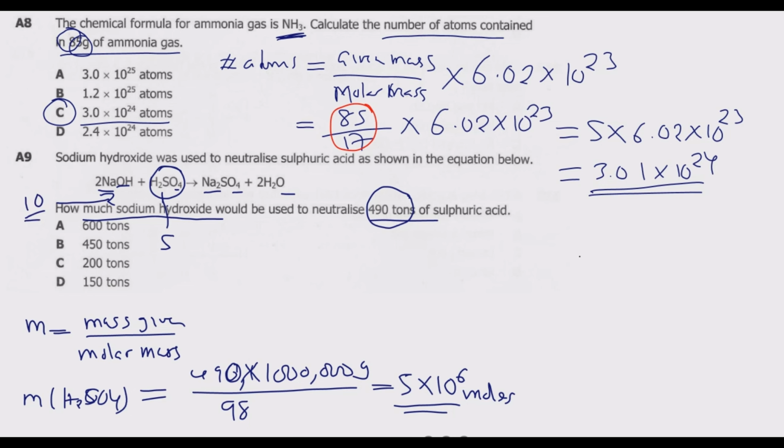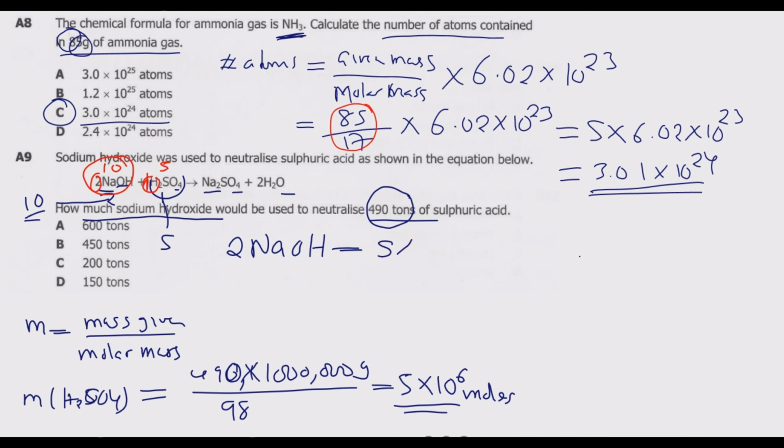So that's the principle. Let me use the lead pen so that you see clearly. If this is 5, this should be 10 because, remember, they use 2 to 1. This is the 1 in front there. So now, because it's 2 to 1, the total here should be 10 million moles. So what this tells us is that 2 sodium hydroxide is equal to 10 multiplied by 10 to the power 6 moles.